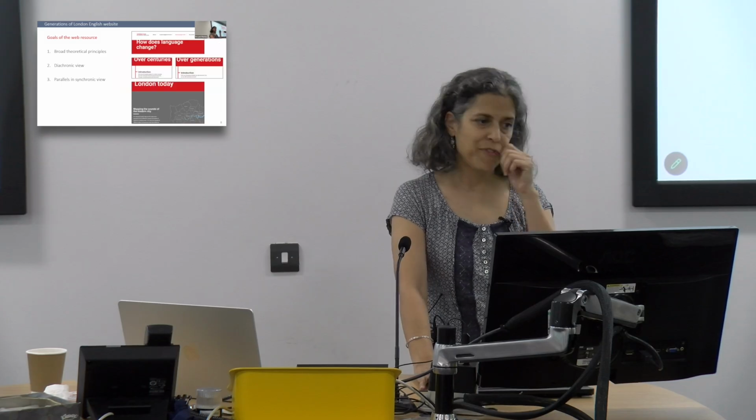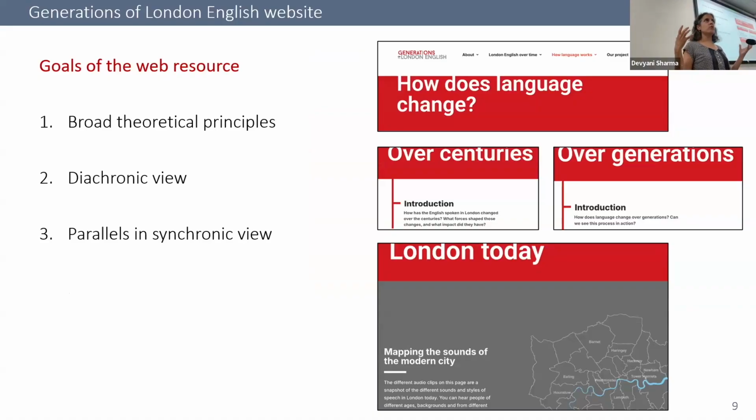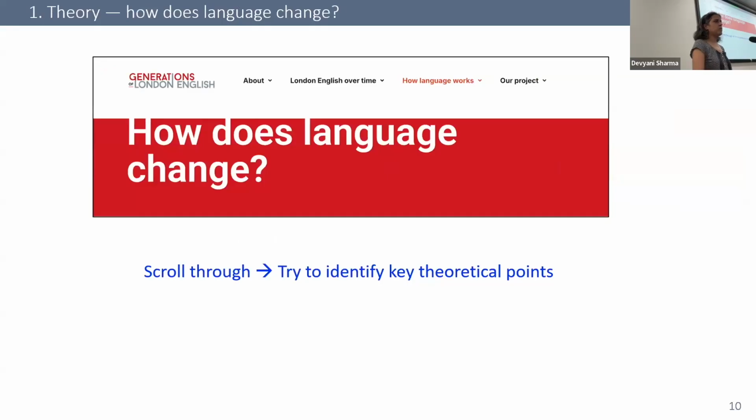So we're first going to look at the page on how does language change to get our principles in place, and then we're going to look at London language first in the deeper history over centuries, then generations, and come back to today. So let's start with how does language change. This isn't specific to London.